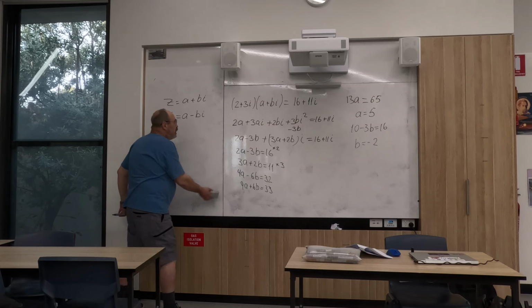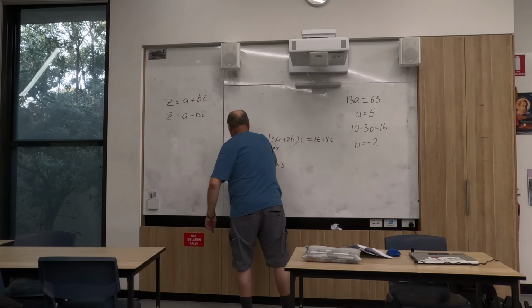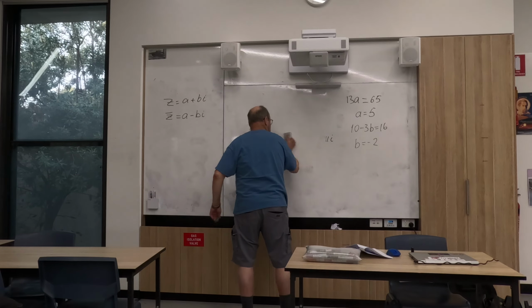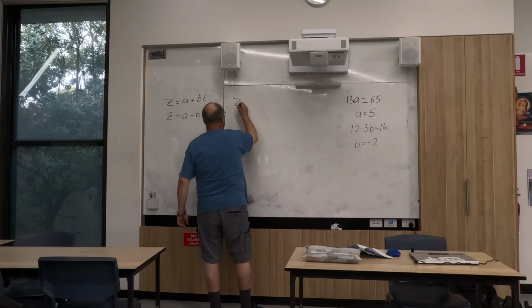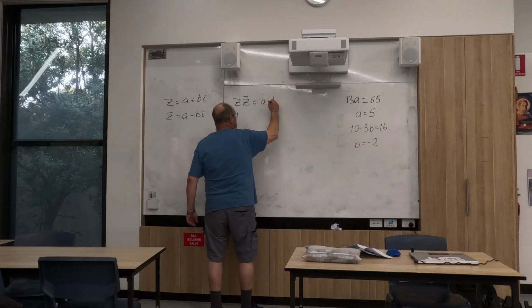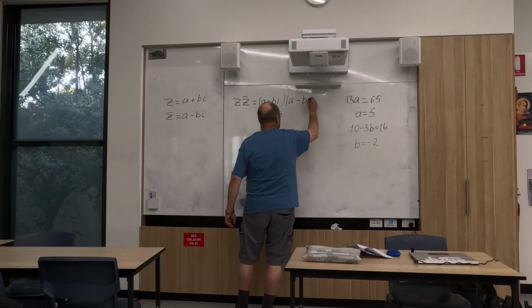So let's see what will happen if you multiply a complex number with its conjugate. If you multiply z times its conjugate, we have a plus bi times a minus bi.